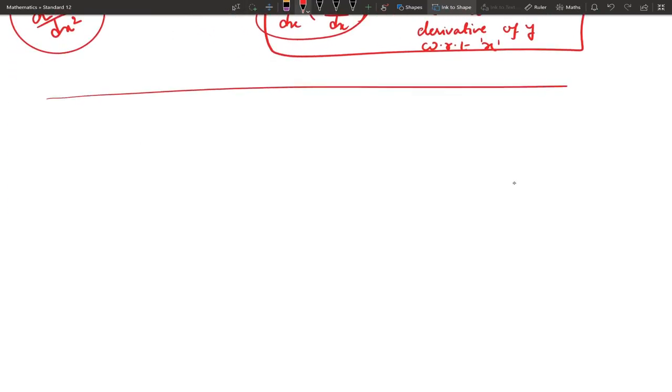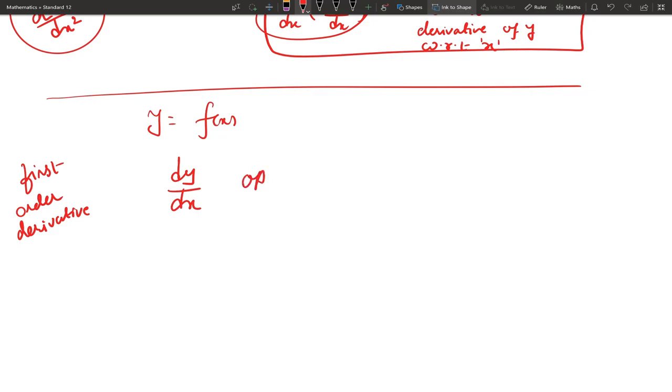So in short, if y is a function of x, then the first order derivative we can denote by dy by dx or y dash or y1 or f dash x.